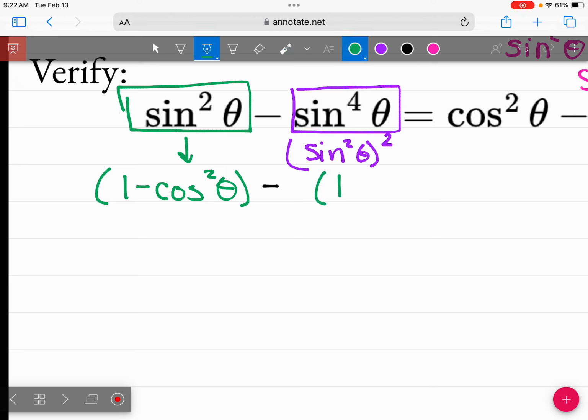So we're going to have our 1 minus cosine squared theta, squared. And it's going to be horizontally long here on the next line, just so we're aware. Because we're going to square it.